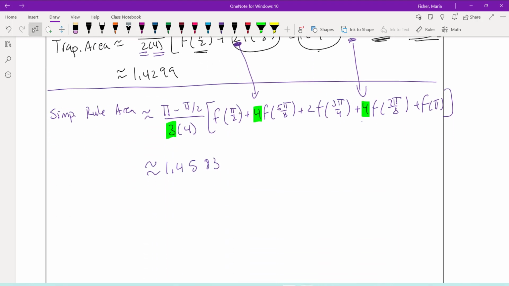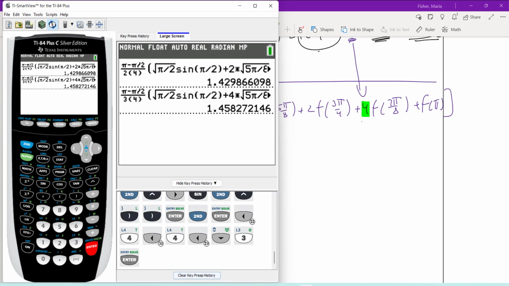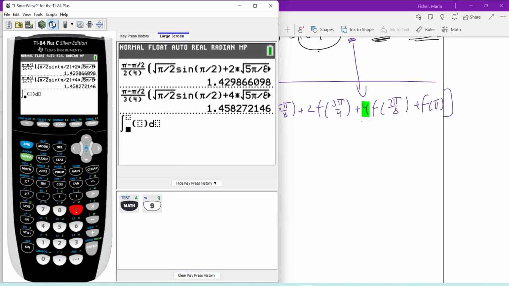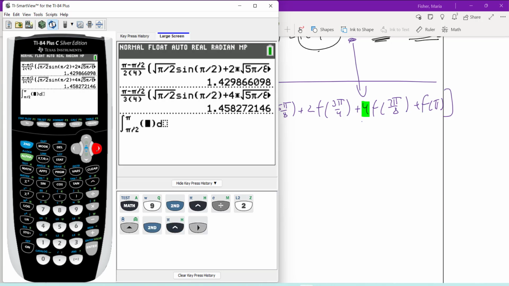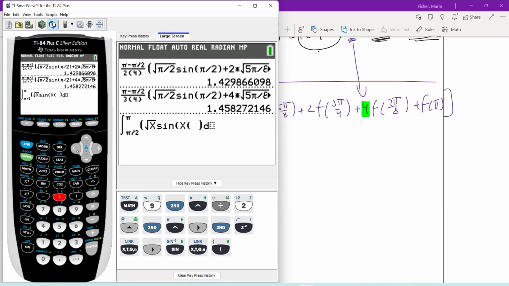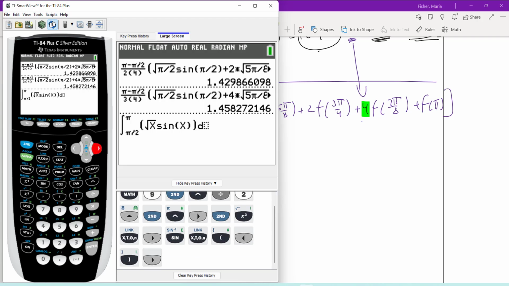If we were to put this into a calculator, we'd hit math and then 9. And then we say our lower limit of integration is pi over 2. Our upper limit of integration is pi. And our function was the square root of x times the sine of x. And we're integrating with respect to x.